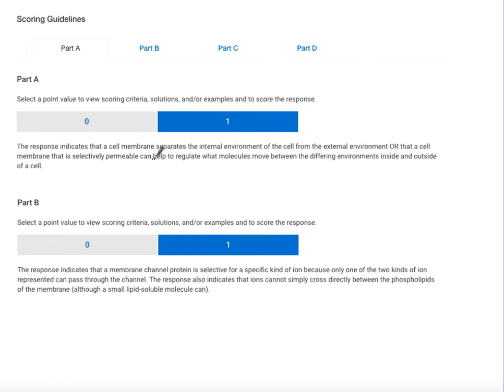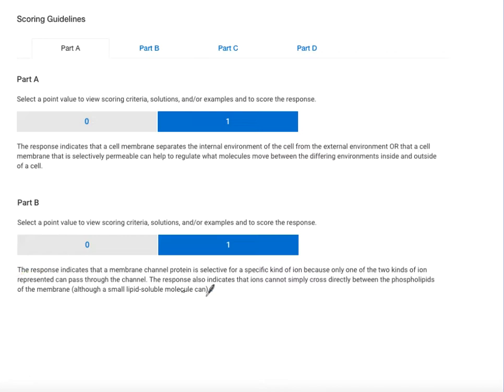Cool. So let's take a look. It looks like the membrane separates the internal environment from the external, and a membrane that is selectively permeable can help regulate what molecules move between the differing environments inside and outside of the cell. So in our answer, if we had talked about homeostasis and separating the internal environment, that would have been fine.